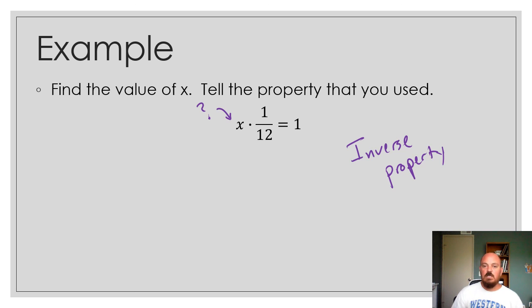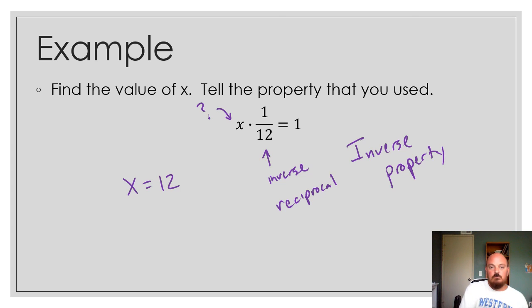So what I need to do, working backwards, is x has to be the inverse of 1/12. Now for multiplying, when we say inverse, what we mean is reciprocal. So in words, this question is asking you what number times 1/12 equals 1? And the answer is 12. 12 times 1/12 would cancel out and equal 1.